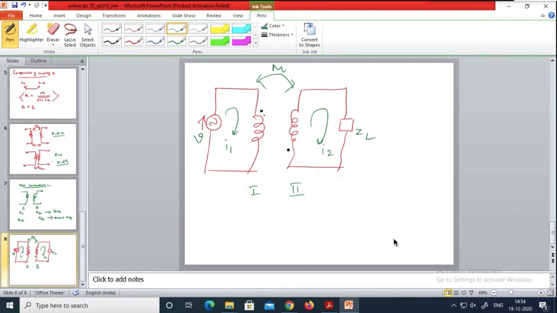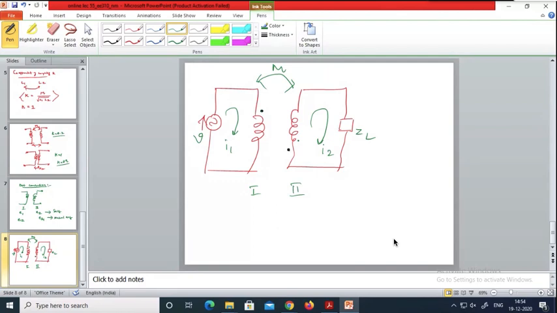Now just follow me here. I1 is entering the dot here, and I2 is also entering the dotted terminal here. This is the dotted terminal, and this is the dotted terminal for the second coil. So I1 is entering the dotted terminal, and I2 is also entering the dotted terminal.